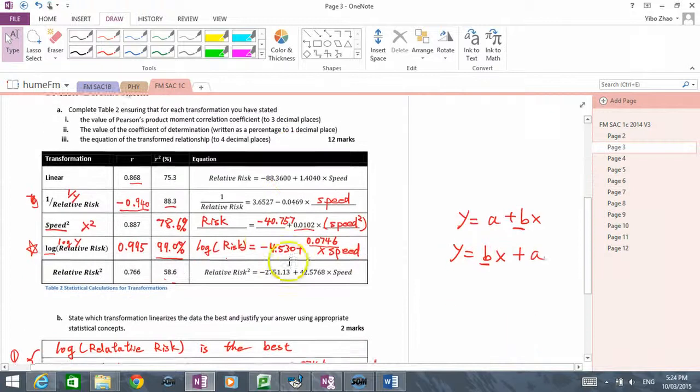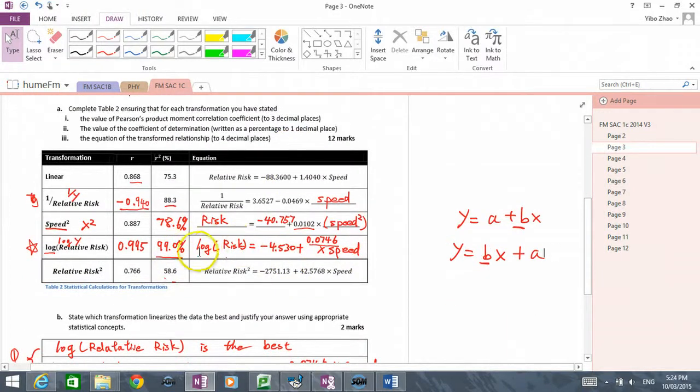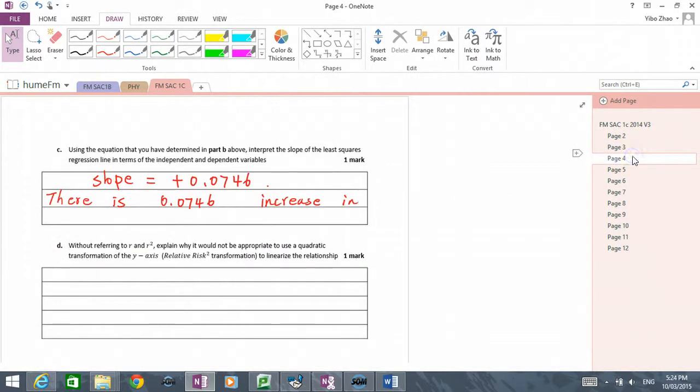Now look at our equation. The y value changed to log risk, so we can't write down relative risk. We need to write down log risk because we transformed it. We changed y to log y.